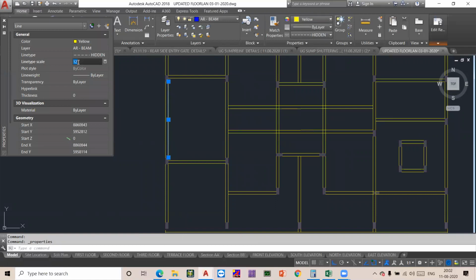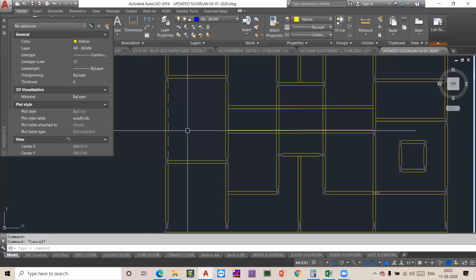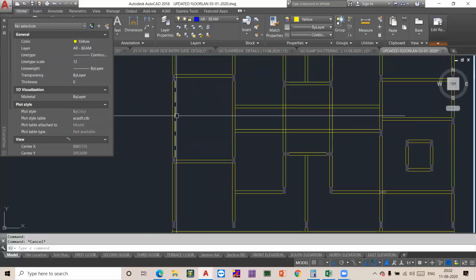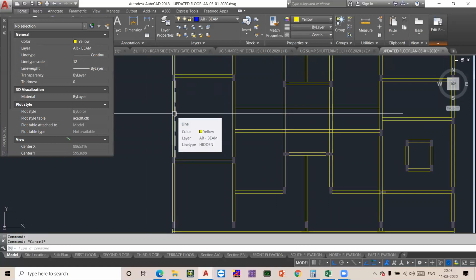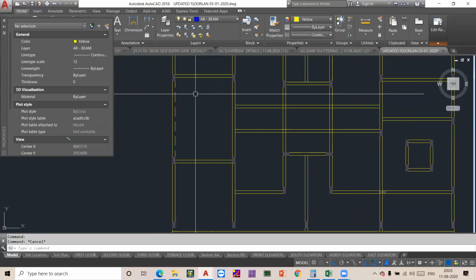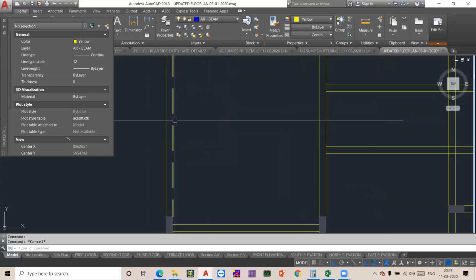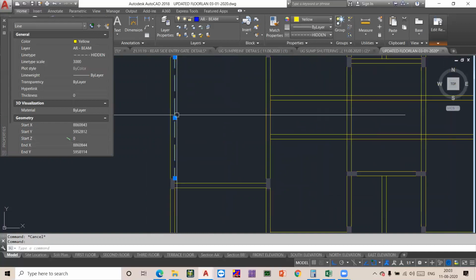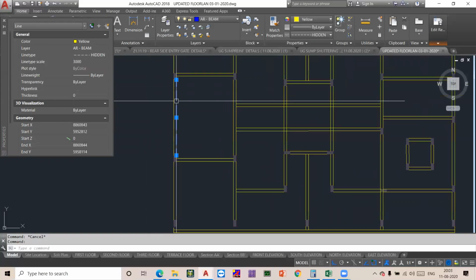You can come here, go to... So this is the way that you are representing the beam lines, such that this slab top and your beam top are at the same level, and hence the inner line of this beam is not visible.